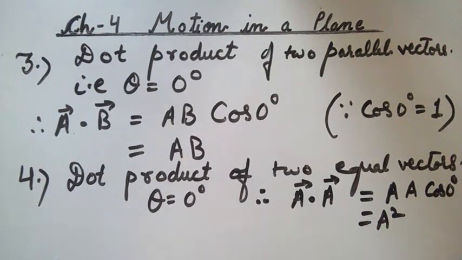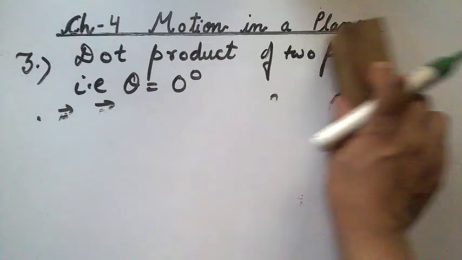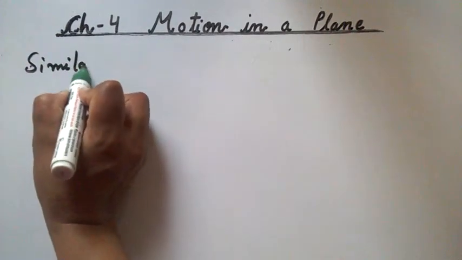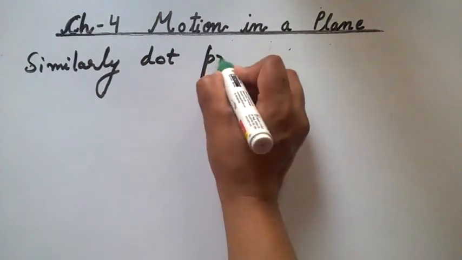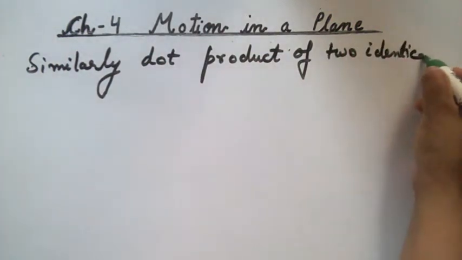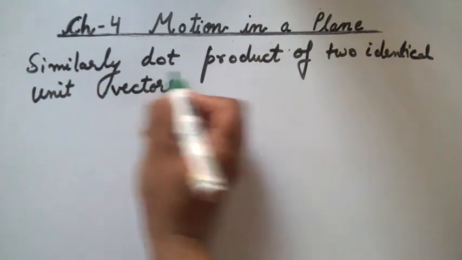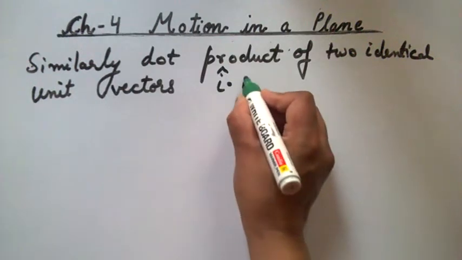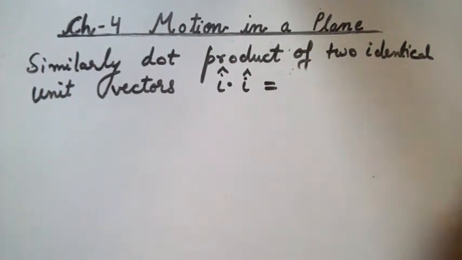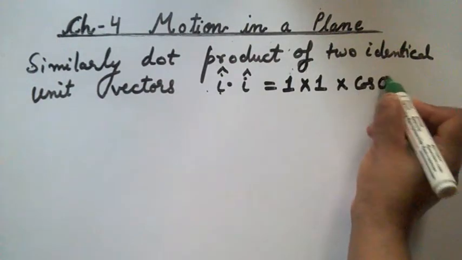Similarly, the dot product of two identical unit vectors, that is the same unit vectors, that is i cap in x direction dot i cap gives i into i, that is unit vector magnitude 1 into 1 cos 0 degree equal to 1.